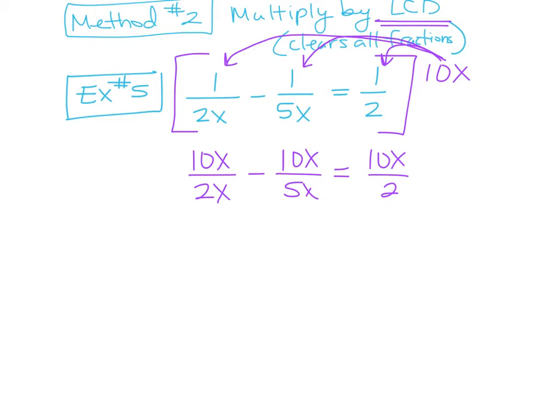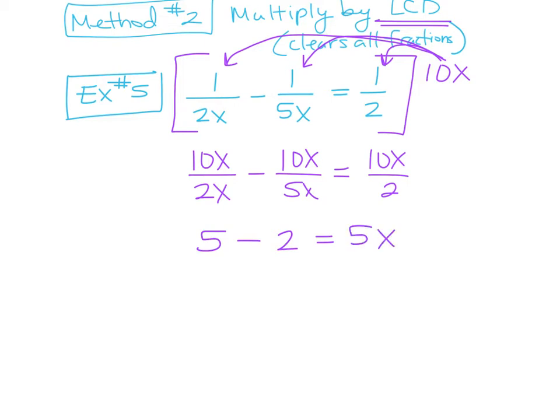Your x's equal 1, your 10 over 2 equals 5. So 5 minus 10x over 5x is what? 2 equals, what's 10x over 2? 5x, right? 10 divided by 2 is 5. That x doesn't go anywhere because we didn't divide by an x.